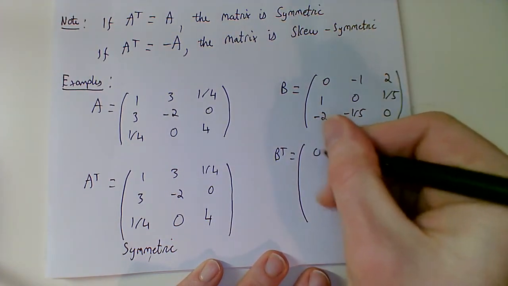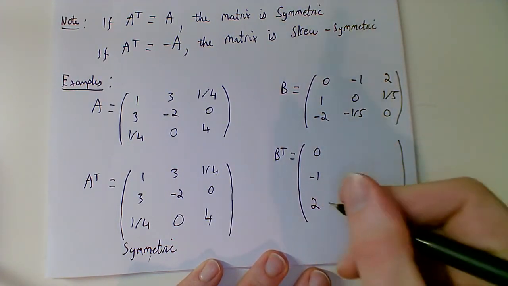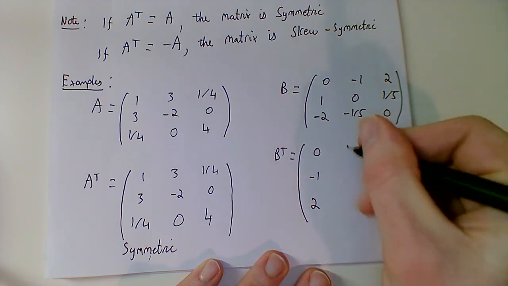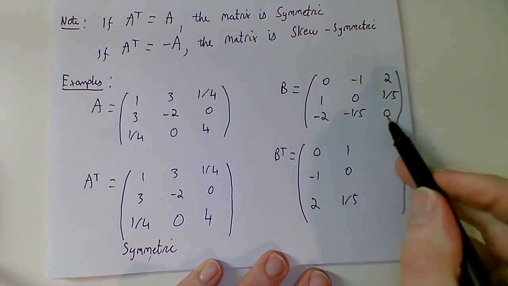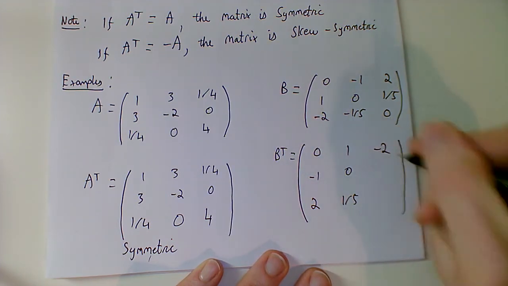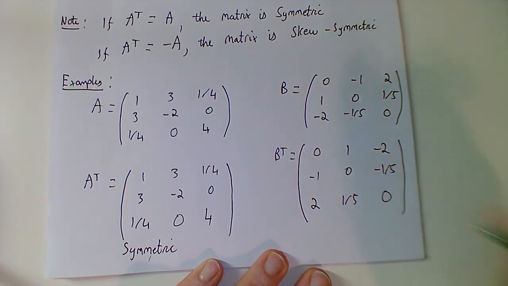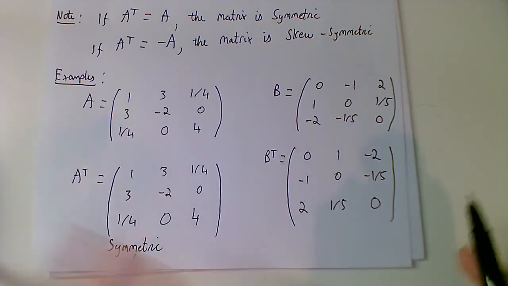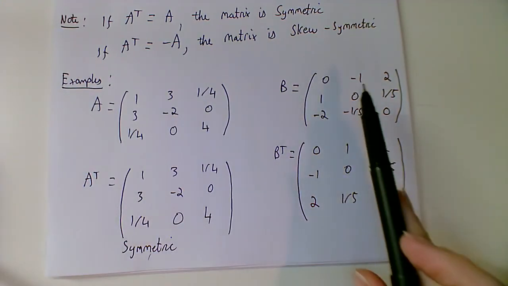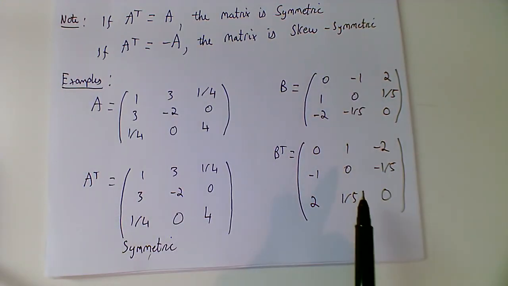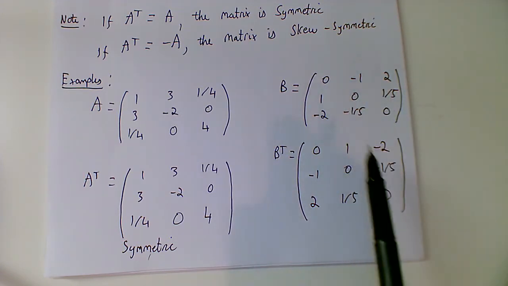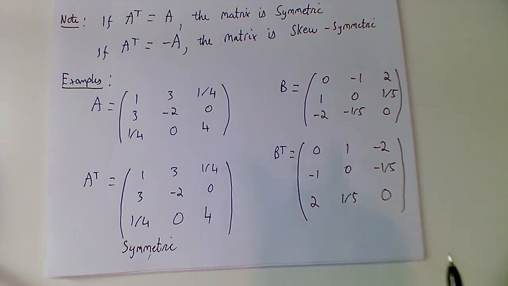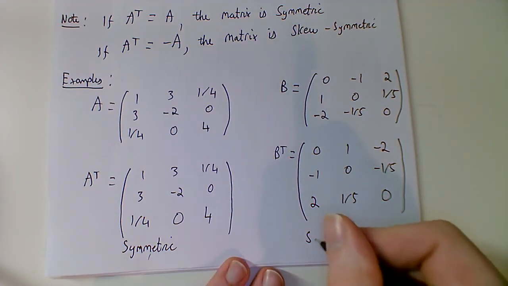That row becomes that column. That row becomes that column. And that row becomes that column. And as you can see, all that's happened between the original matrix and the transpose matrix is that the signs have changed. So all of these are the opposite sign. So that's skew symmetric.